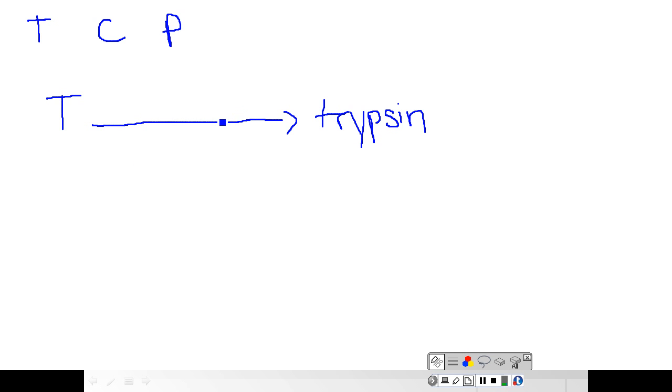And the enzyme that assists with that is enterokinase, E-N-T-E-R-O kinase. Remember, whenever you hear the suffix "ase," we're referring to an enzyme.